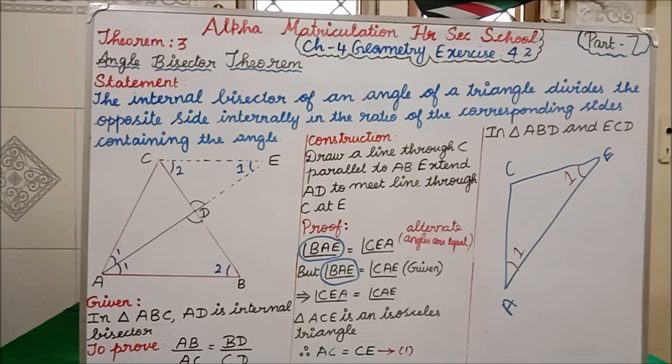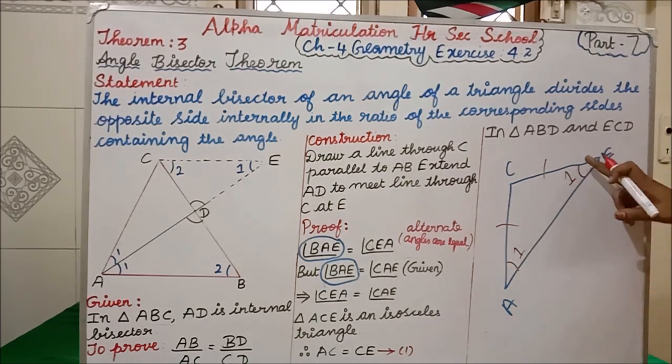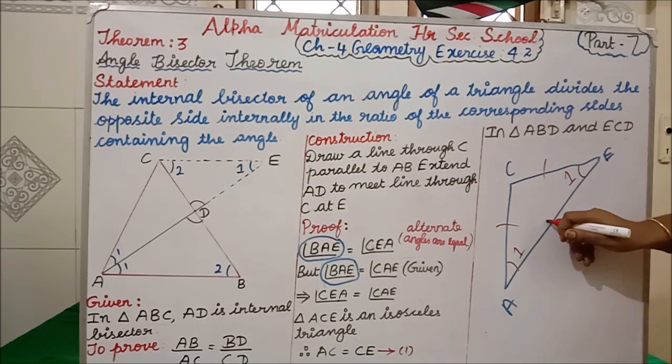Now we all know from lower class we have learned, if any two angles are equal in a triangle, then obviously any two sides are equal, isn't it? So this angle is equal, which means obviously the two sides are equal. Clear?